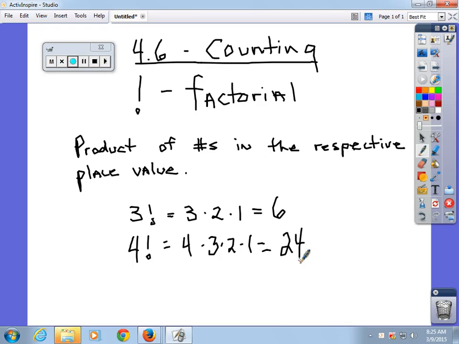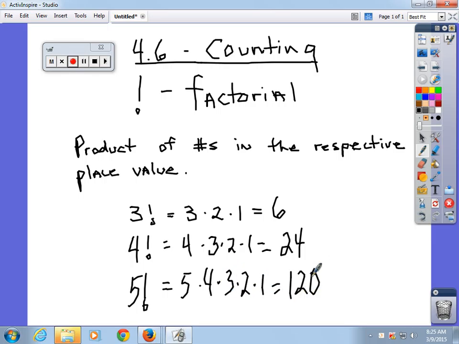So 5 factorial would be 5 times 24, which is 120. What is it? 6 factorial would be 720. 8 factorial, and so on.